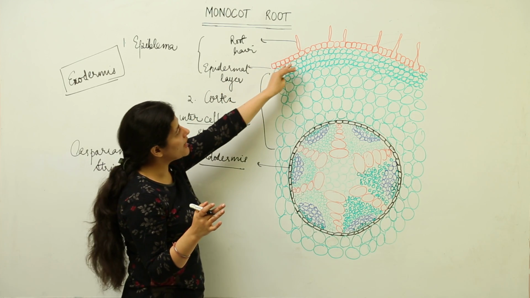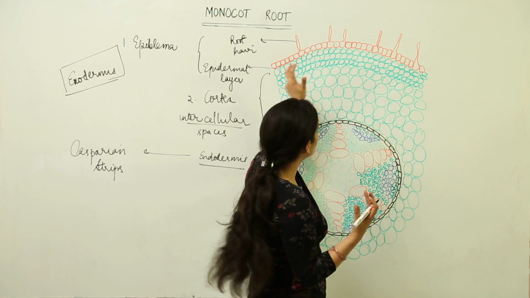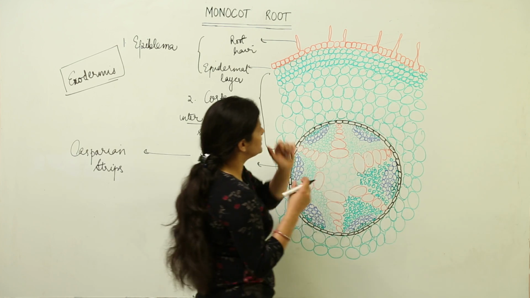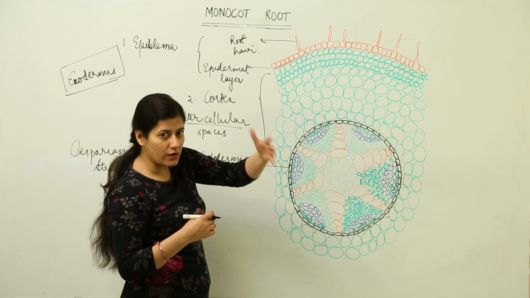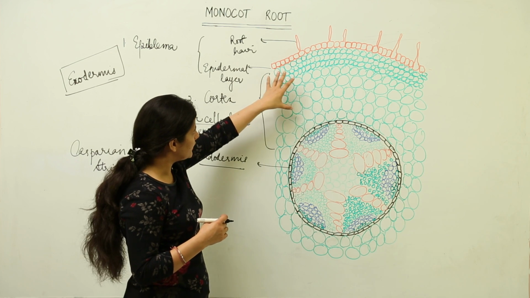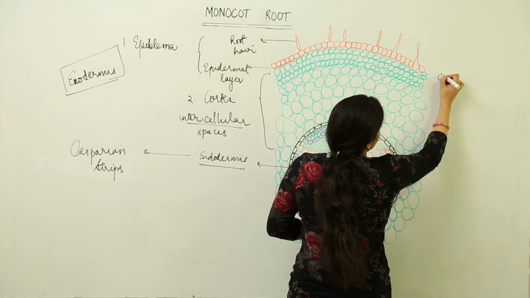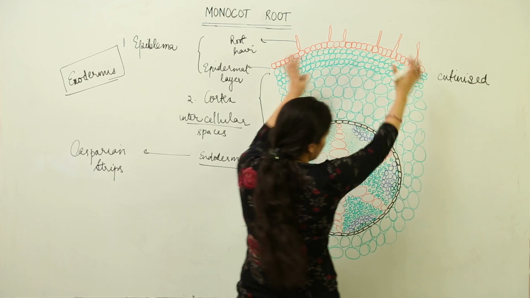When this layer sheds off after some time, at some stage of growth, the monocot root often sheds its epidermal layer, and because there has to be a separation from the outer soil or habitat, these cells become cutinized. That means they develop cuticle around them.